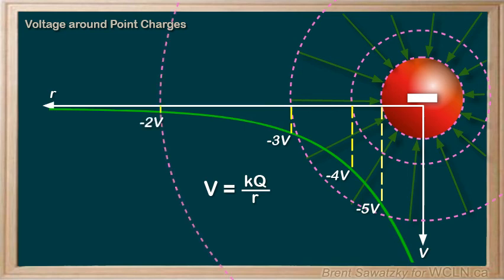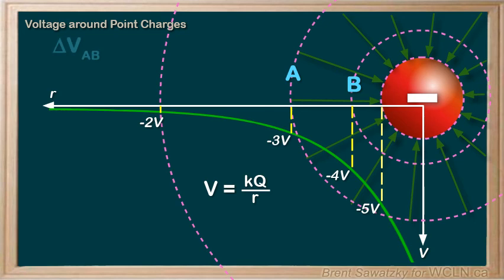So, to understand why this format for equipotential lines is more common, let's determine the voltage change between these 2 points, A to B. We look at our equipotential lines and we see that we're moving from minus 3 volts to minus 4 volts.